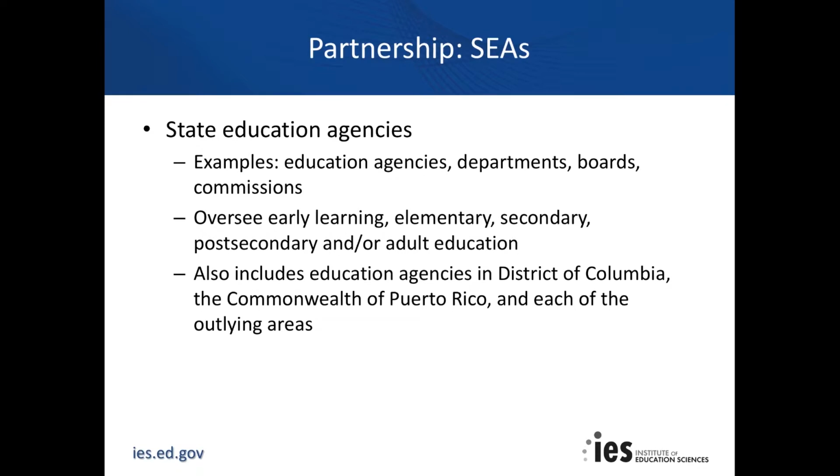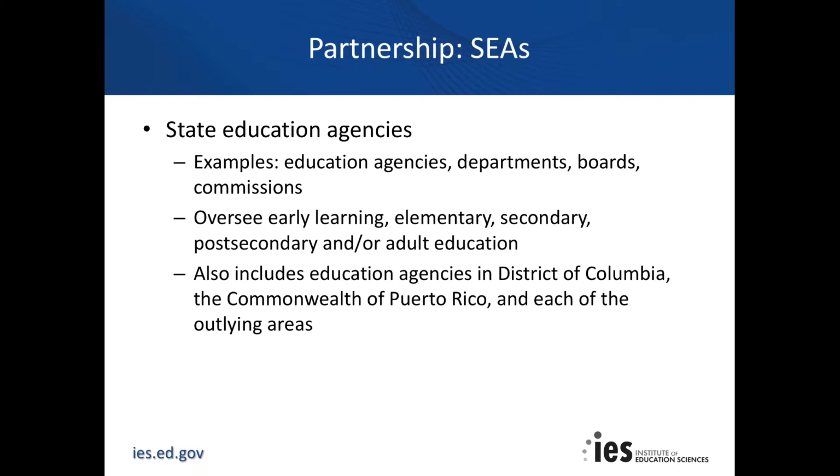Now let's turn to the organizations that are eligible to serve as the SEA or LEA partner. This slide describes possible SEA partners. The examples are all eligible as long as they are overseeing some aspect of education: early learning, elementary, secondary, post-secondary, higher education, or adult education.